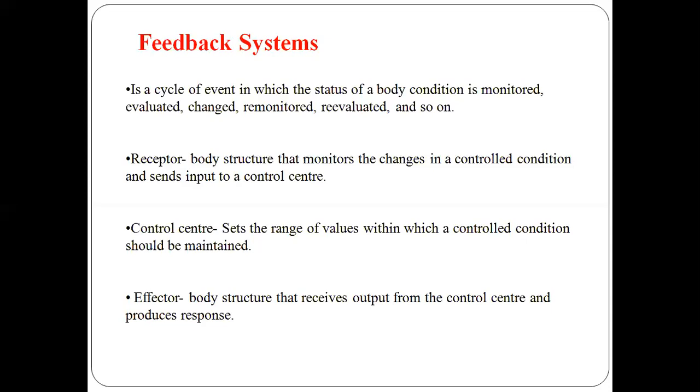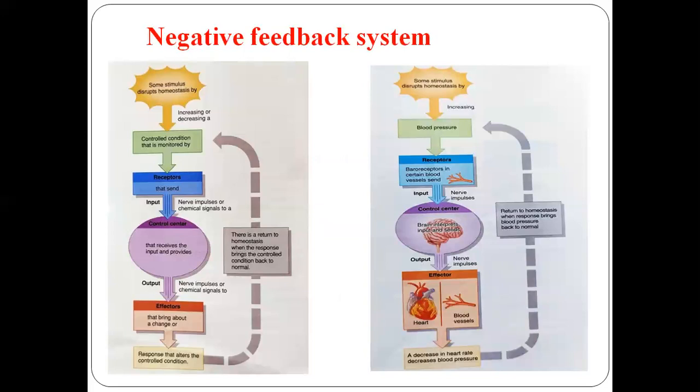In a feedback system, the response of the system feeds information back to change the controlled condition in some way, either negating it, that is a negative feedback system, or enhancing it, that is a positive feedback system. So what is the negative feedback system?